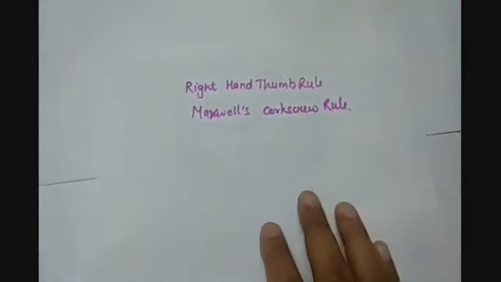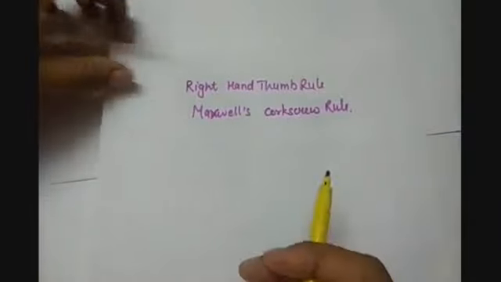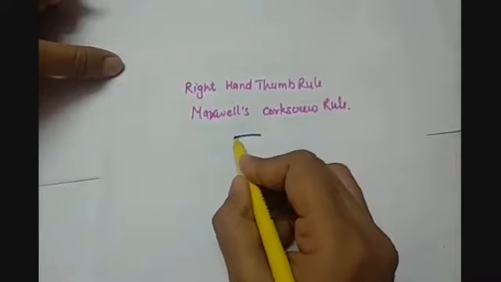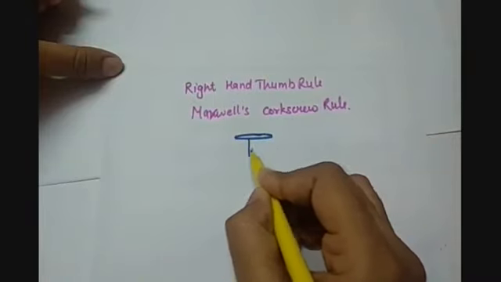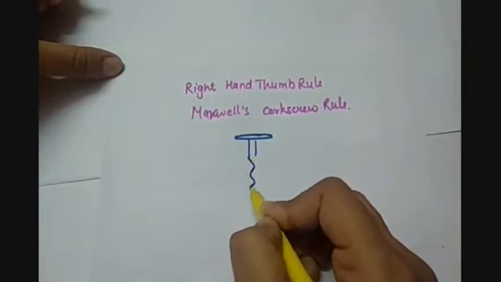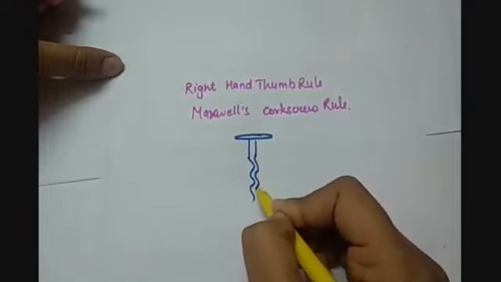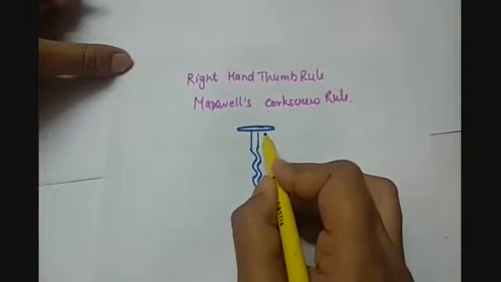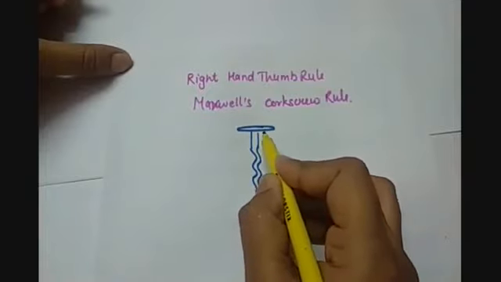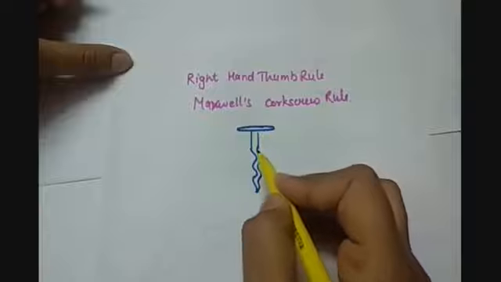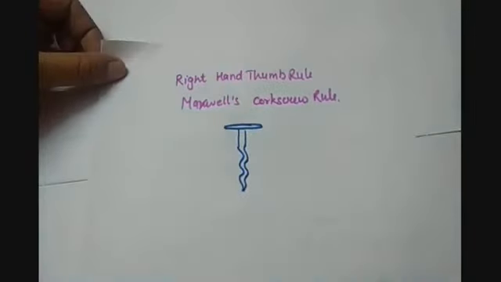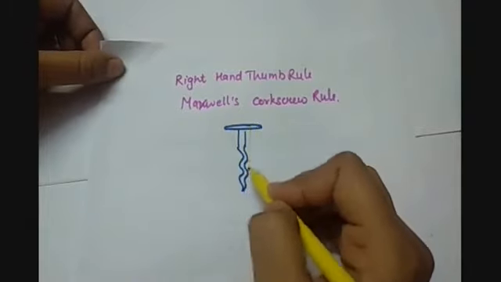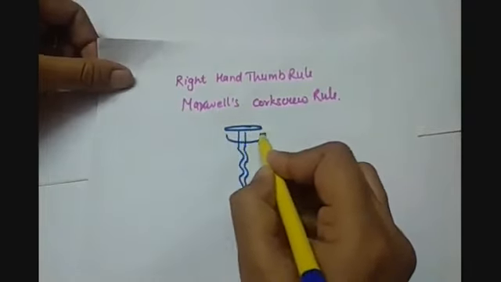Because you must have seen that when we put screws in at our home, this way, and the direction of the movement of the screw is such that the motion of the upper portion, or the head of the screw, is in this direction.